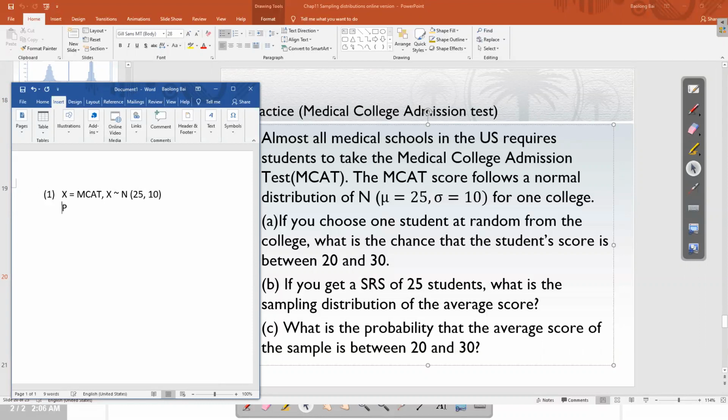And what we're looking for is a probability: the probability of x being between 20 and 30. So this is a typical normal distribution problem. You have a normal distribution with parameters provided, and you're looking for a normal event probability. So from what you learned in chapter 3, we're going to standardize this.